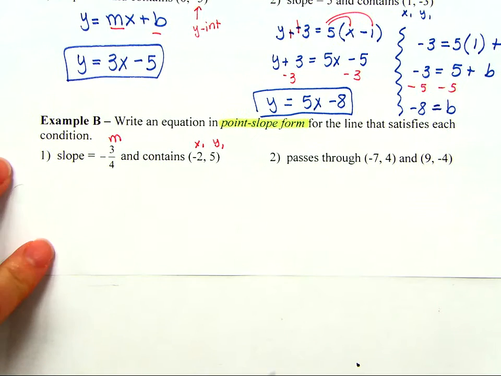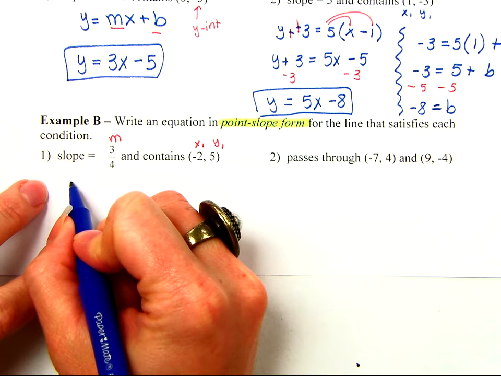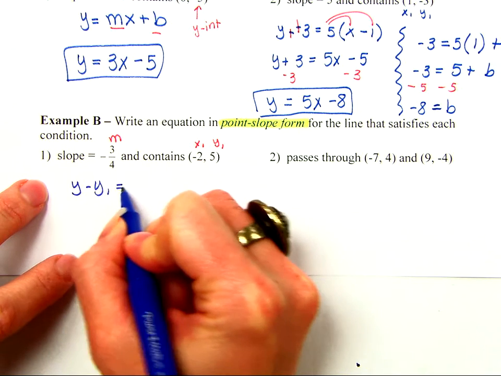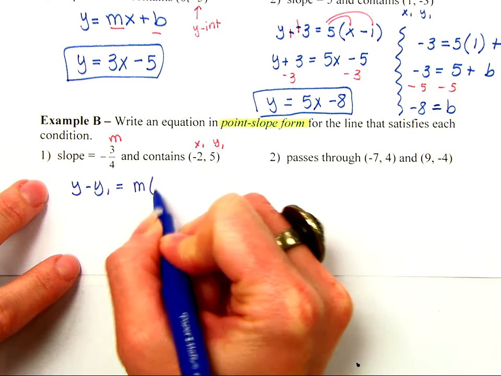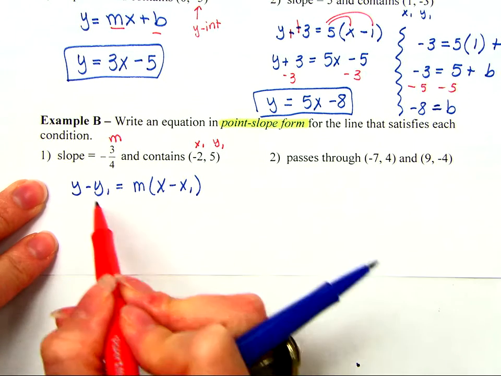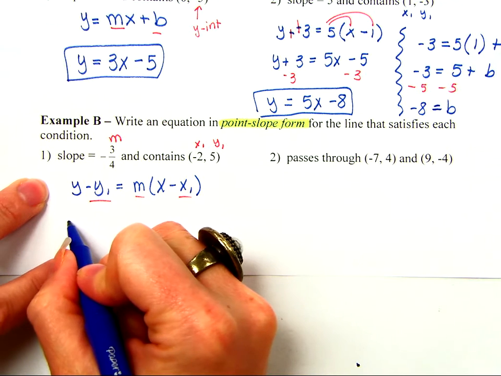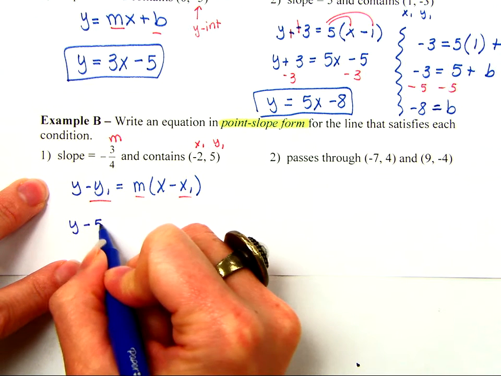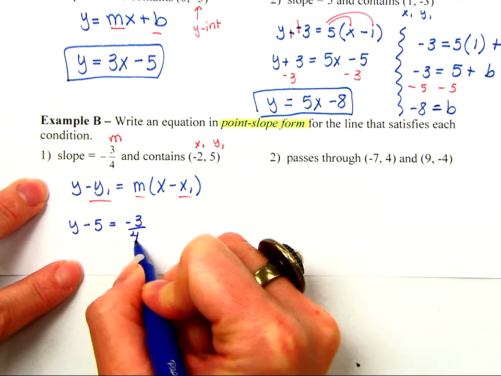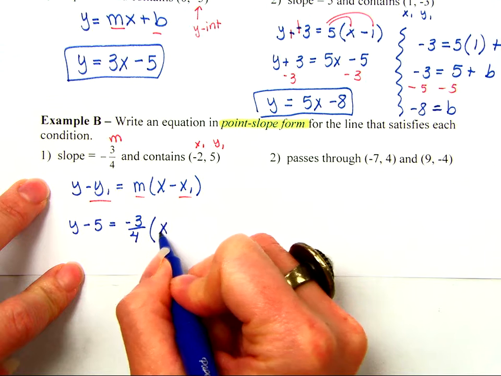Point-slope form is y minus y1 equal to m times the quantity x minus x1, and substituting in our numbers: y minus 5 equal to negative 3/4 times x minus negative 2.